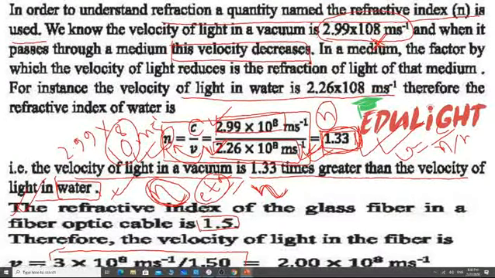Okay, so this is mainly the equation: v equals c by eta or n, where eta is the refractive index and c is the velocity of light in vacuum, not in any other medium. With this formula they got the answer 2 into 10 to the power 8 meter per second, which is the velocity of light through the glass fiber used in the fiber optic cable.